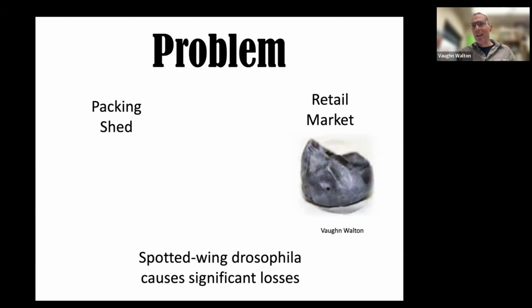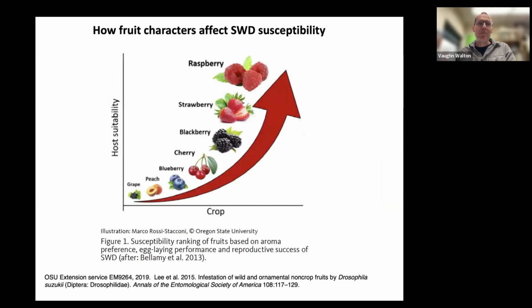There are various ways in which you can manage this process, especially in the packing shed. A lot of our growers are using cold storage, and even with eggs laid and even with larvae developed, as long as that berry is firm enough and you're cooling it down adequately, you are going to have a high quality berry.